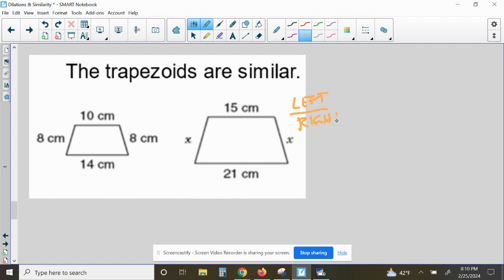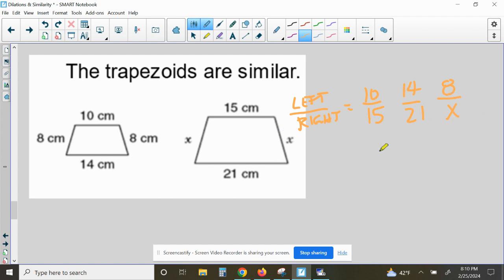Okay, so left over right. So that means 10 is over 15. 14 is over 21. And 8 is over X. And I don't need to do the last side because it's exactly the same.